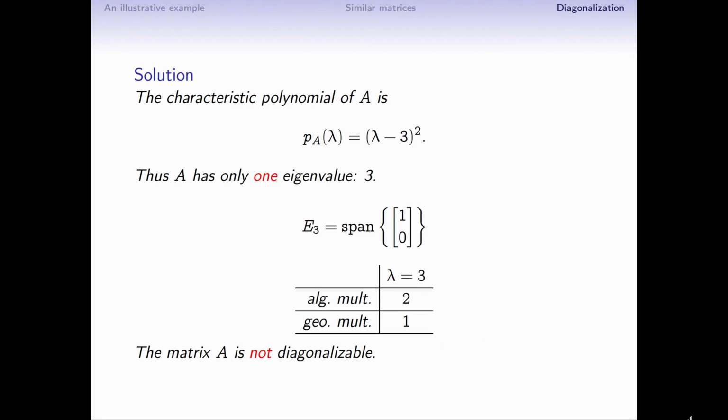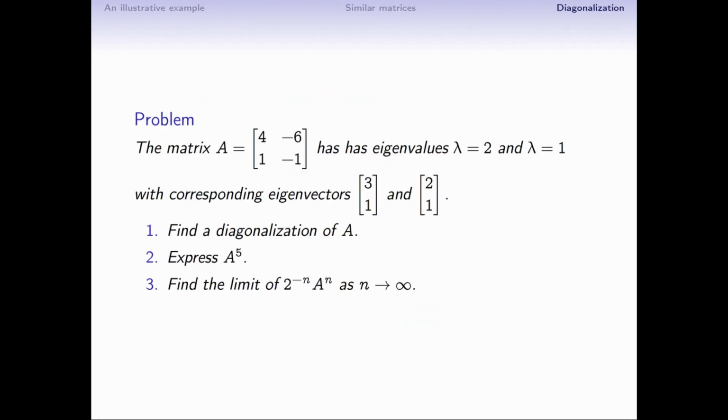Now I want to close by working a problem with you that shows the power of this diagonalization method. The matrix A, this 2 by 2 matrix, has eigenvalues lambda equals 2 and lambda equals 1 with corresponding eigenvectors (3, 1) and (2, 1).